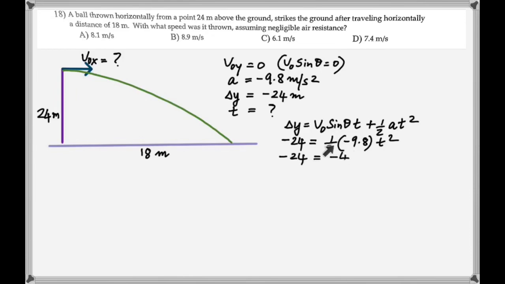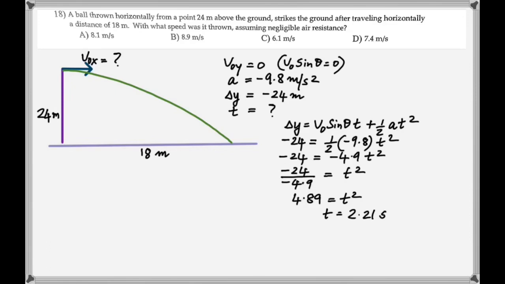Half times negative 9.8 is negative 4.9. Divide both sides by 4.9. So on the right side, you have t squared. Now find the value of t. You get t as 2.21 seconds.